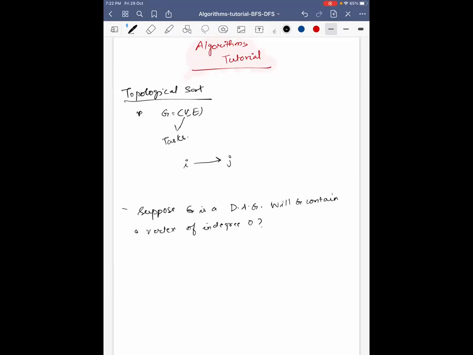No, sir, because we have already assumed the acyclicity, right? So if there is no vertex whose in degree is 0, then inductively we will have a cycle, right? Let us say there is a vertex v1 which has some non-zero in degree.